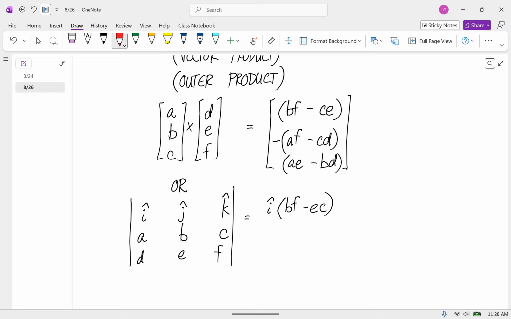And then we'll do, for the Y component, we'll cross out this row and this column. And we'll go AF minus DC.